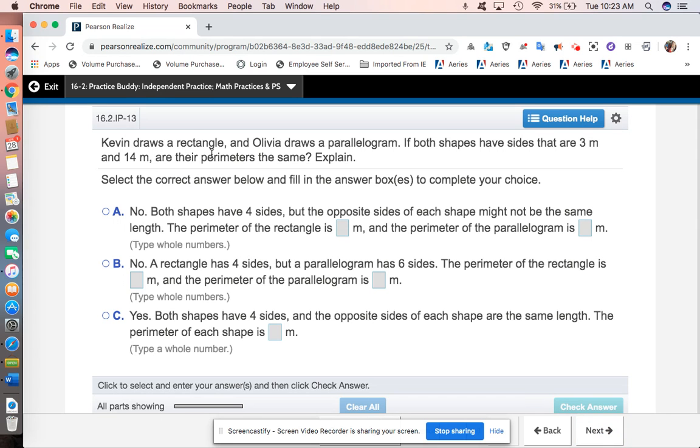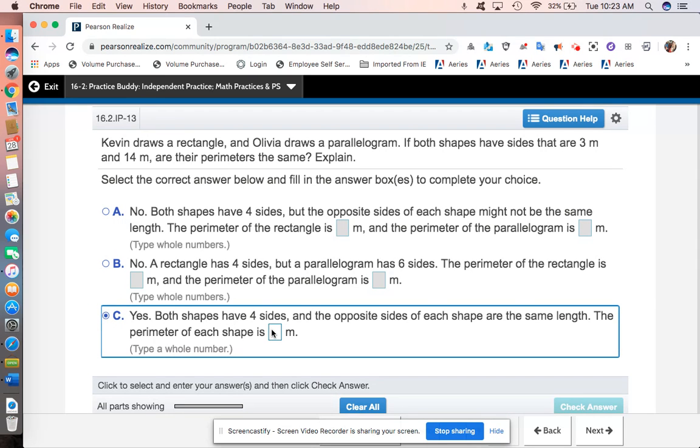Kevin draws a rectangle. Okay, that means that the opposite sides are equal and there's a 90-degree angle. A parallelogram. Parallelogram is the same thing. Parallelogram, opposite sides are equal. If both shapes have sides that are 3 meters and 14 meters, are the perimeters the same?